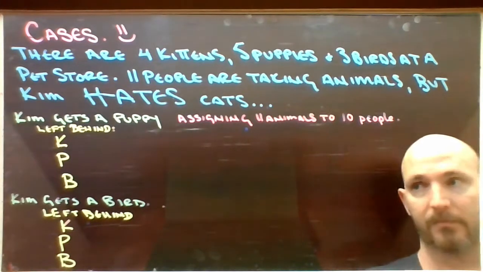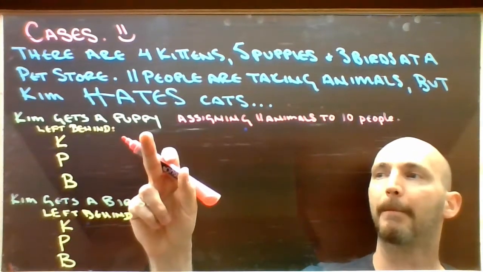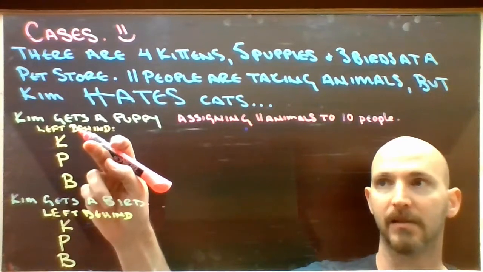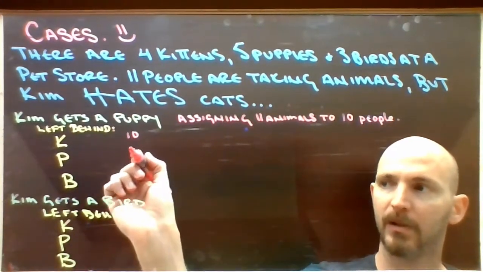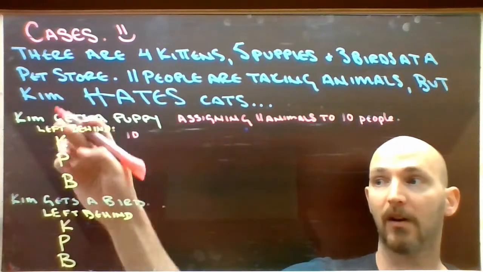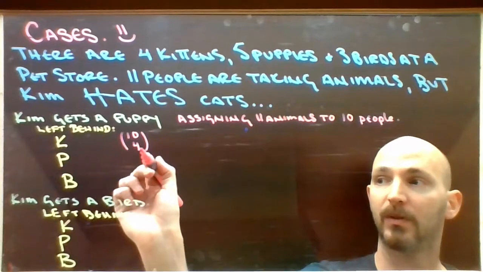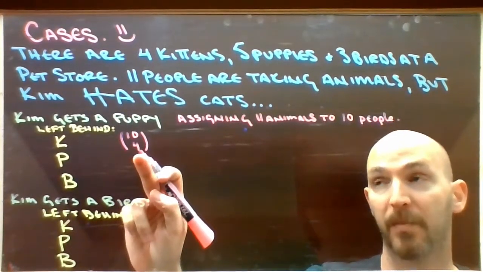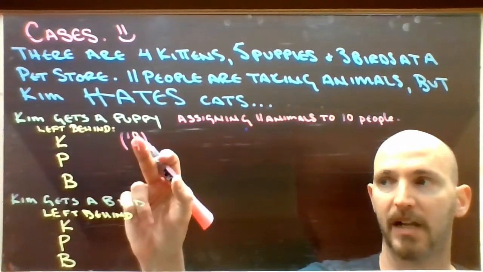So, if Kim has a puppy, and I'm just choosing people to take kittens, well, there are 10 kids left, and there are 4 kittens available. So I'm going to choose, oh, hold on. I would normally choose 4 people to take a kitten, but I've pre-decided that one gets left behind.